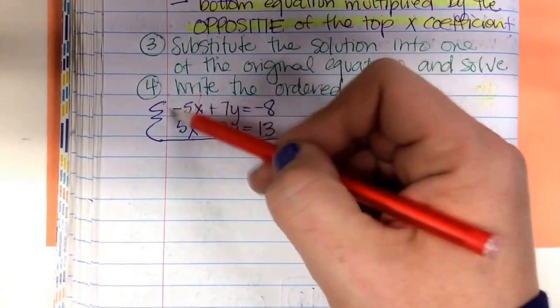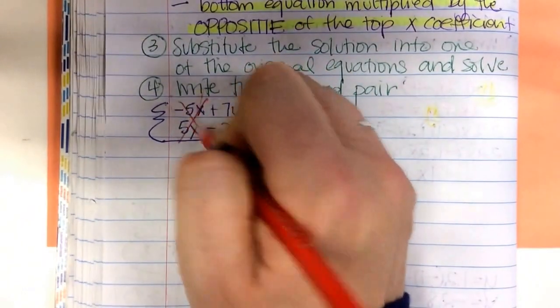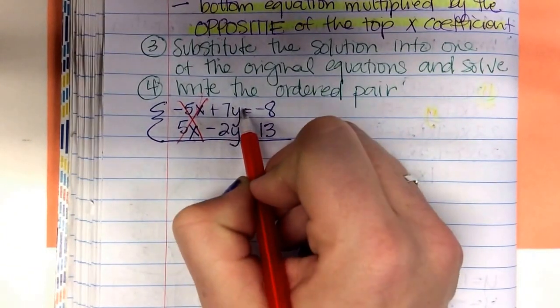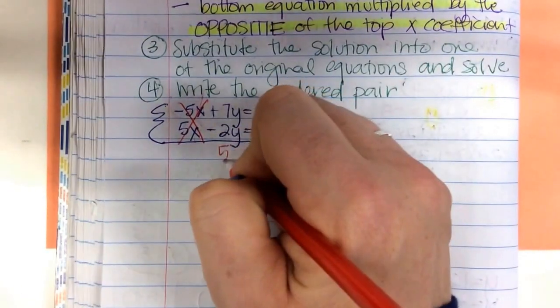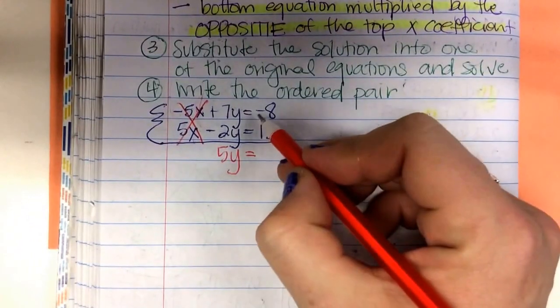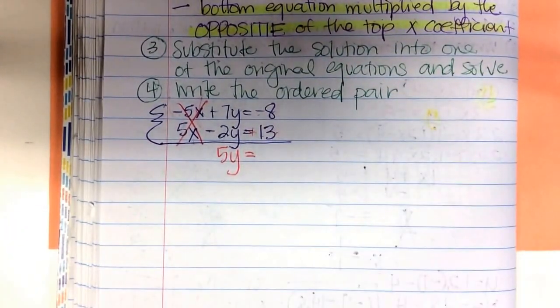Yeah, negative 5x and 5x disappear. So perfect. I can combine like terms. Those disappear. They're eliminated. What's 7y minus 2y? Equals. What's negative 8 plus 13?